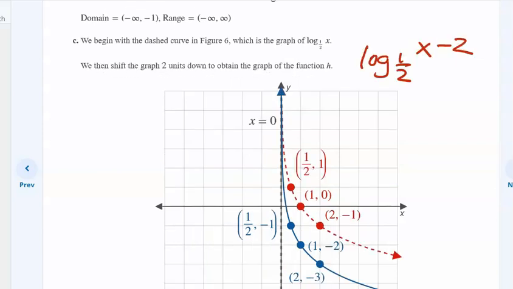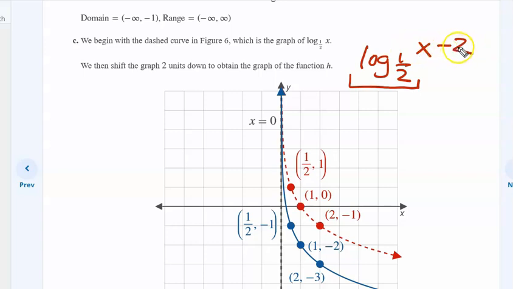In part C of this example, this one's a little more straightforward. Now again, we want the graph of this. What does that look like when it's a fraction? Well, it's the one in red. Okay. Now notice this is not in parentheses.